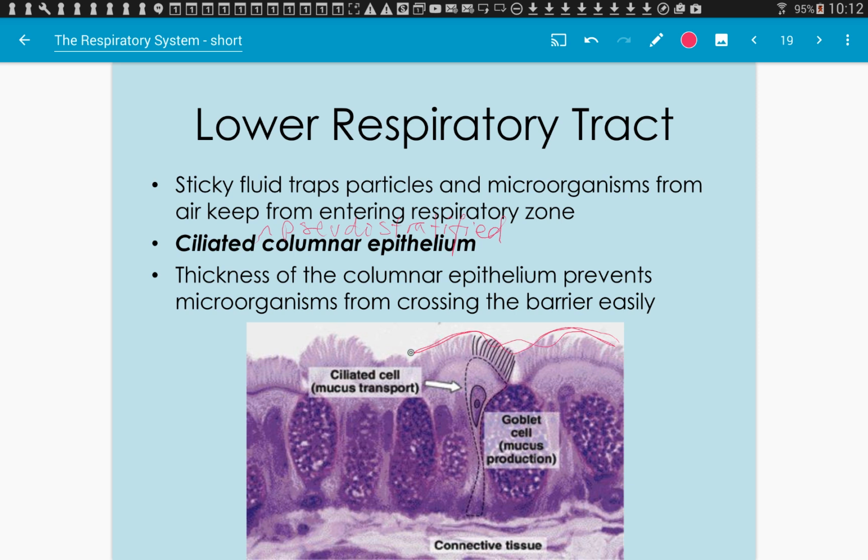You see the cilia? The cilia move the mucus up and out. It's there to trap particles and microorganisms, keeping them out of the very delicate respiratory zone where you have those alveoli, which are just one cell thick, simple squamous epithelial cells.